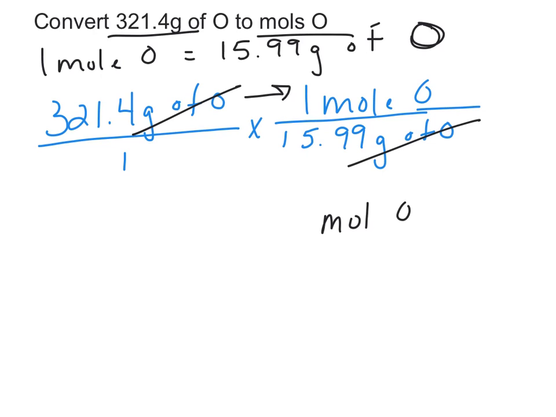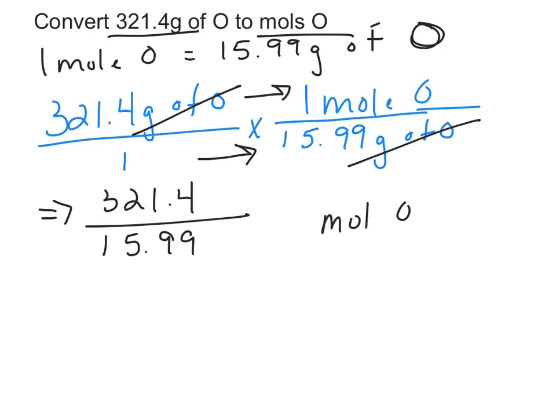Multiply straight across the top, multiply straight across the bottom. In this case, this symbol means therefore. Therefore, 321.4 times 1, guess what? Is 321.4. Okay, 1 times 15.99 is 15.99. All right, and then these two numbers get divided.